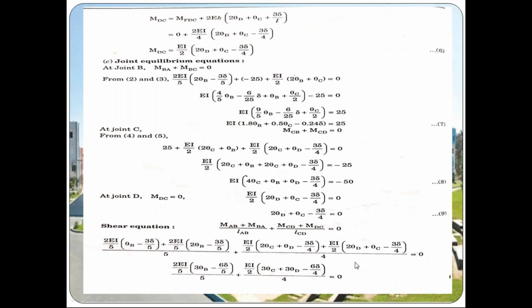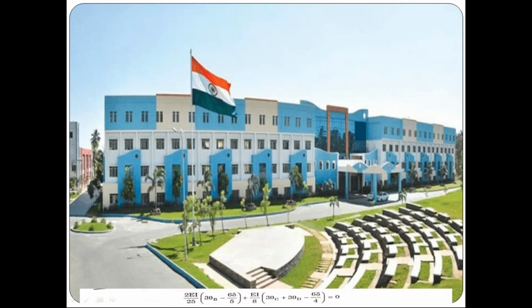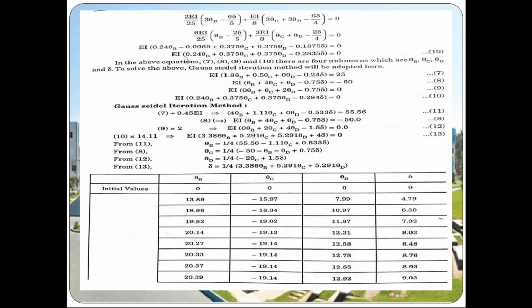On solving this equation, we get EI into (0.24 theta B plus 0.375 theta C plus 0.375 theta D minus 0.2835 delta) equal to 0.